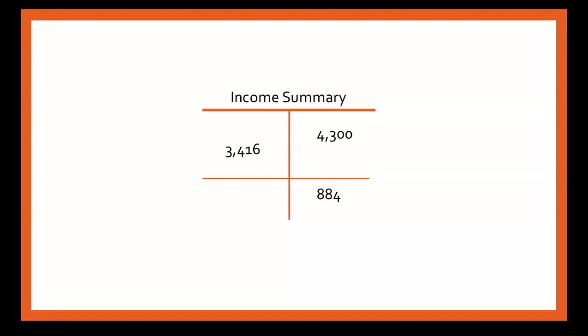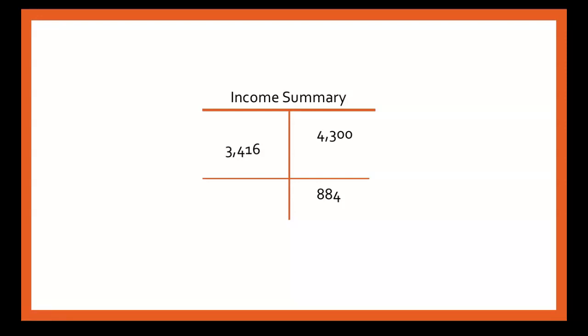So your balance in income summary at this point is your net income. So you could see this third closing entry be referred to as closing income summary or closing your net income.